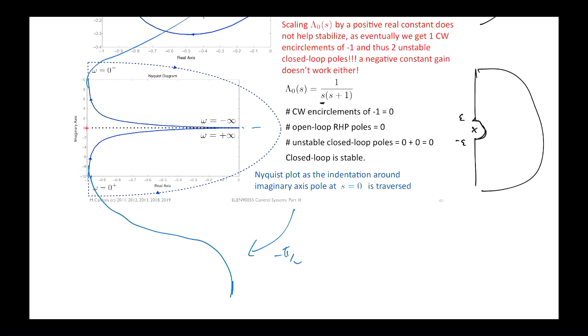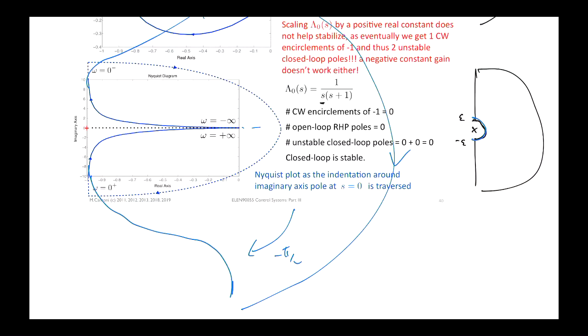It's going up to an angle of there, and here's your net change in phase of minus pi radians as we go around this part. So the critical point is there. As we're going around here in the clockwise direction, we're going like this. How many encirclements of the critical point have we made? 0.